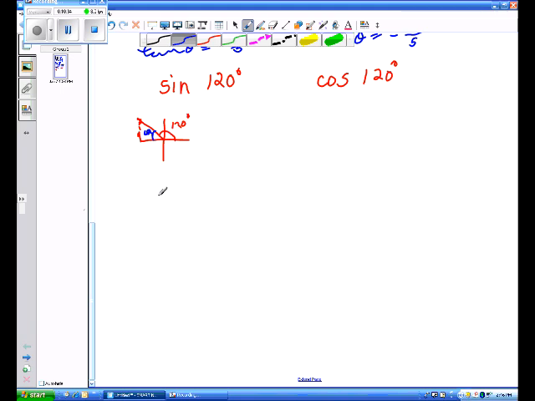Well, we know the ratio for the sides of a 60-degree angle. We know the side opposite the 60 degree, which in this case would correspond to our y, is the short side times the square root of 3. So let's let our short side be 1. And in this case, since we're on the negative x-axis, that would be negative 1.